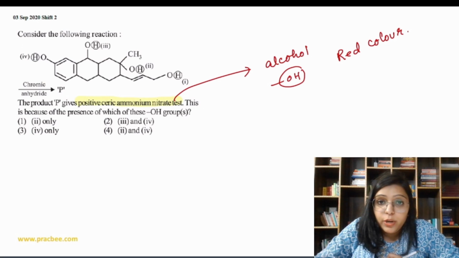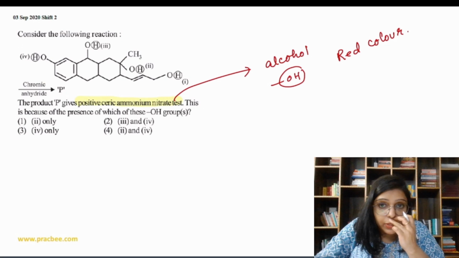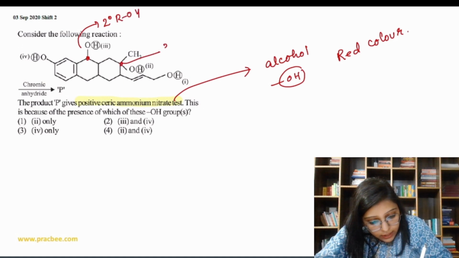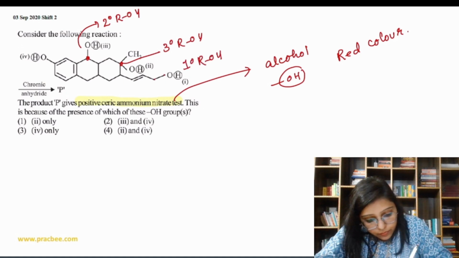So the question says this is because of the presence of which of these OH groups. See, this is a 2 degree alcohol, this is 3 degree, this is 1 degree, and this is also a 2 degree alcohol.